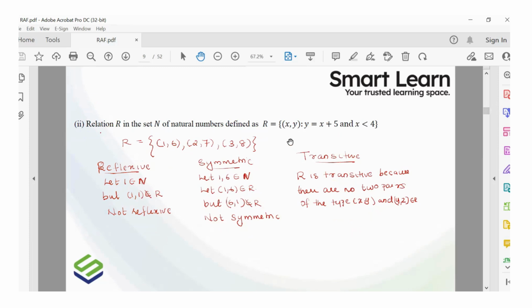Then transitive means when I am taking (1, 6), here we have no case. Look, children, (1, 6): anyone starting with 6? No. (2, 7): anyone starting with 7? No. (3, 8): anyone starting with 8? No. So here we have no cases to explain transitive. In that condition, we will write that it is a transitive relation.